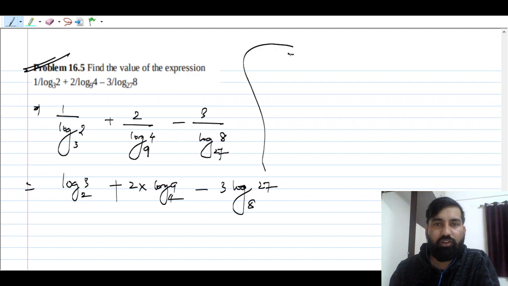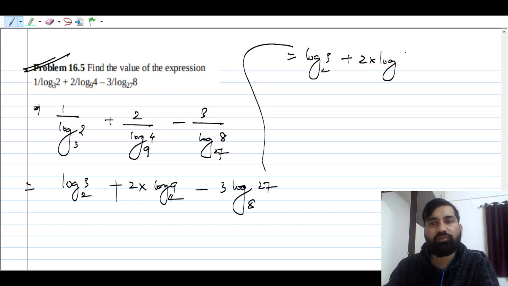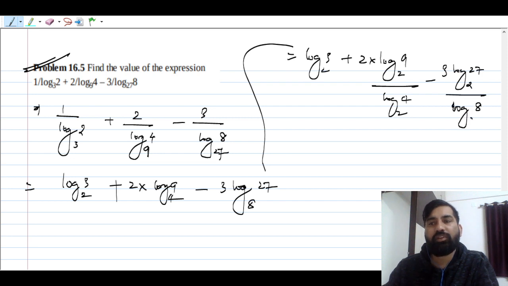So we are going to solve this here. Log 3 base 2, इसको as it is रखो, into log 9 base 2 upon log 4 base 2, minus 3 log 27 base 2 upon log 8 base 2.